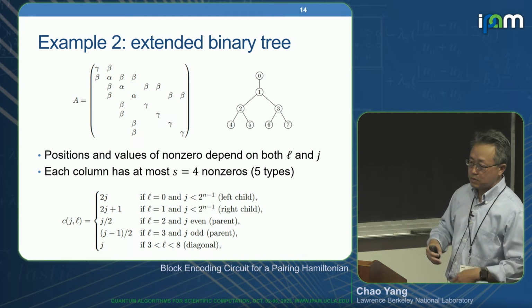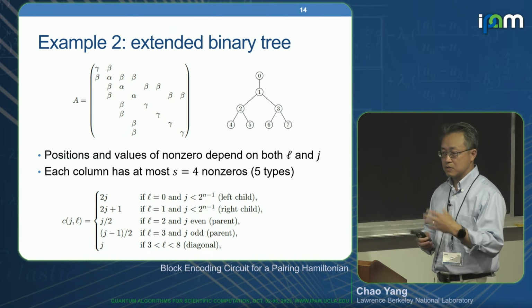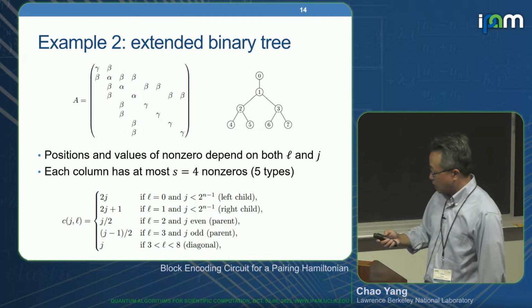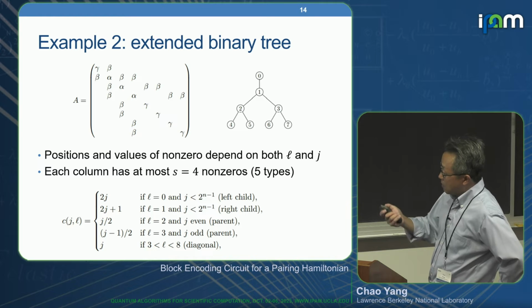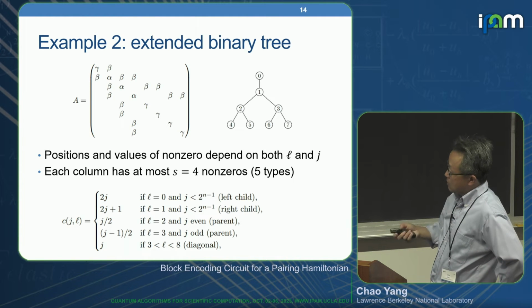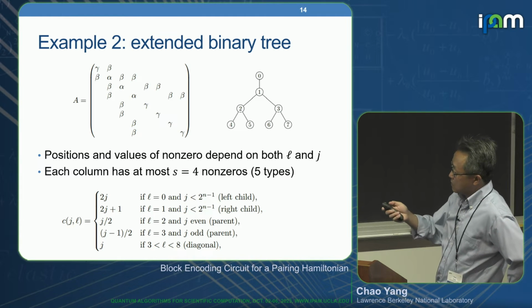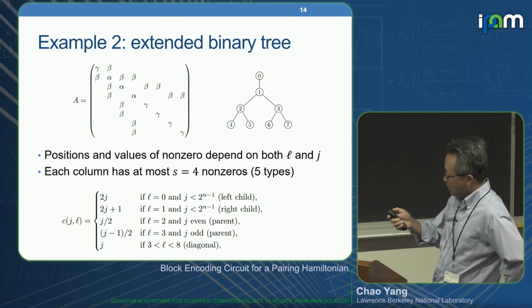If you've done something like nested dissection, you construct these matrices with nested hierarchical structure. The position of the non-zero elements depends on both L and J, and each column has at most 4 non-zeros.